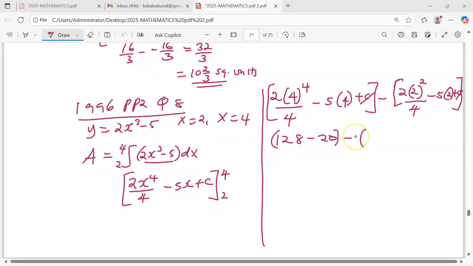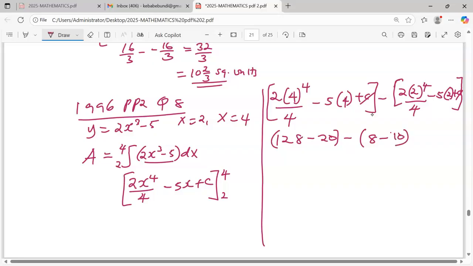So this one is cubed, such that 2 power 3 will give us 8 times 2, which is 16. 16 you divide by 4, so which is going to give us, this is actually x is raised to the power of 4. That means 2 power 4 will give us 16 times 2, which is 32 divided by 4, which will give us 8, minus 5 times 2 will give us 10.